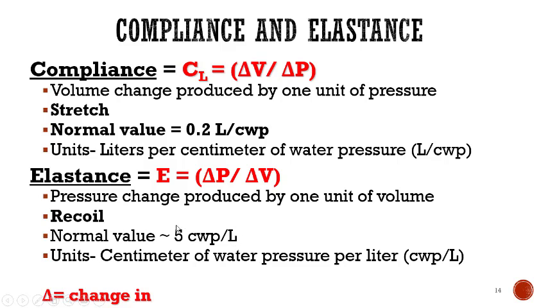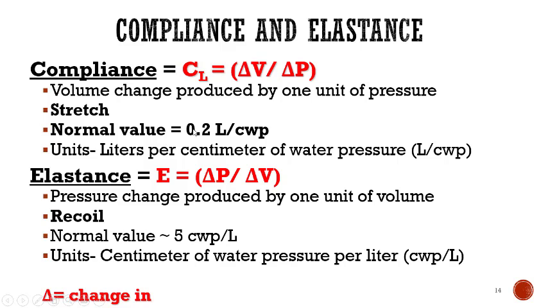I wouldn't put these on a flashcard. I'm actually going to say don't. The only part of this slide that I'm interested in you knowing or memorizing is compliance being change in volume over change in pressure, and elastance being change in pressure over change in volume. And that triangle just means change in, it's a delta sign.